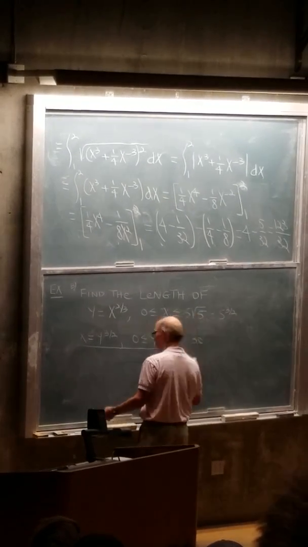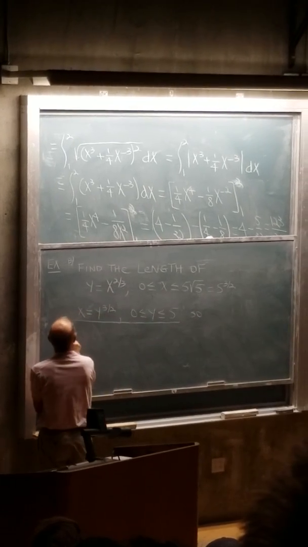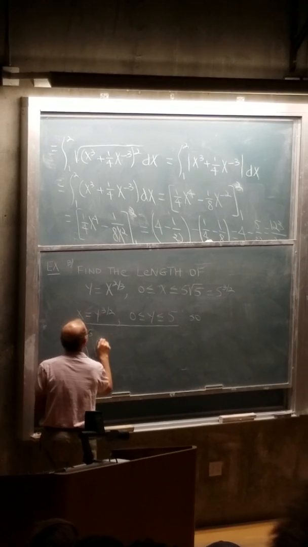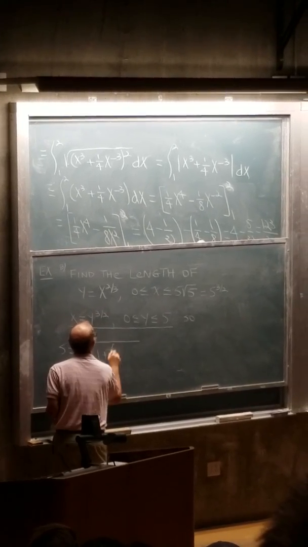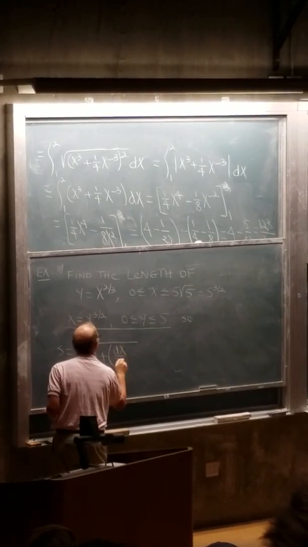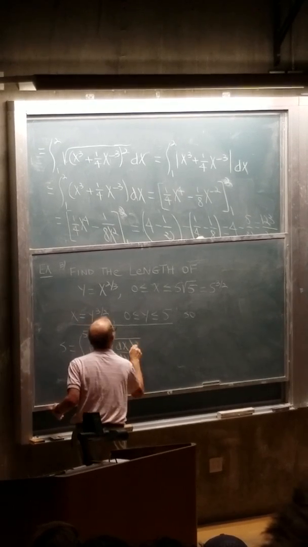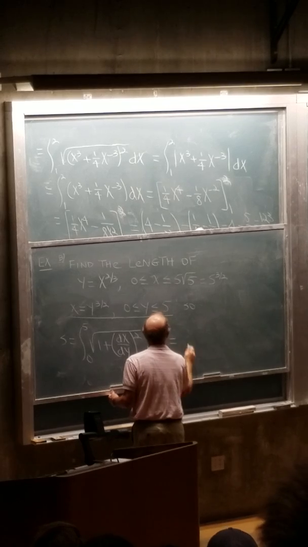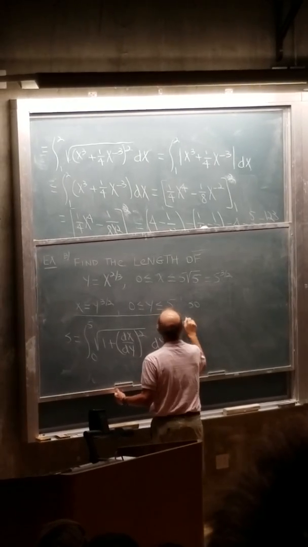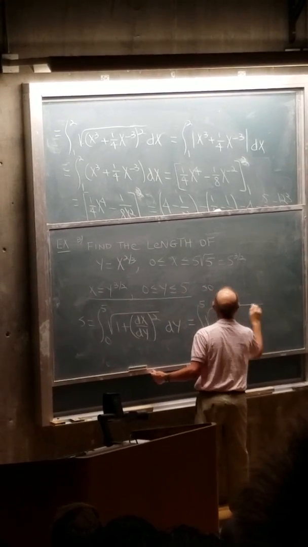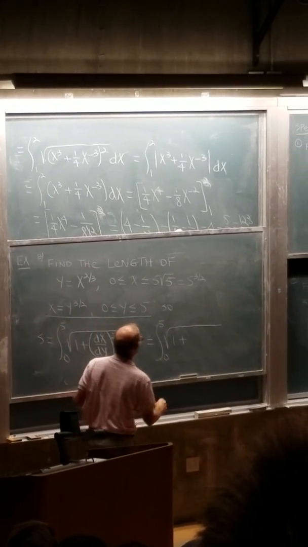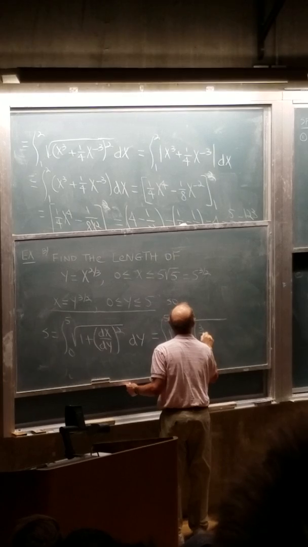So if we use this formula, we'll get that the arc length is going to be the integral from 0 to 5 of the square root of 1 plus dx dy squared, integrated with respect to y. And so that'll give the integral from 0 to 5, and we'll have the square root of 1 plus, if we differentiate x with respect to y, we get 3/2 y to the 1/2.